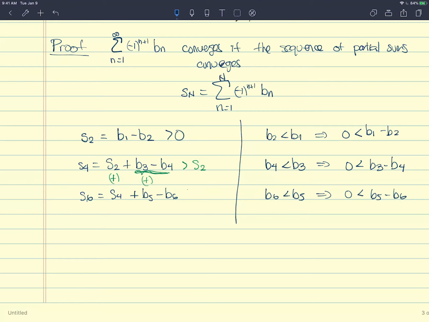So again, this is bigger than S4, so the sequence, I'm only doing the evens, but it's okay, S2n is increasing. So it's an increasing sequence.